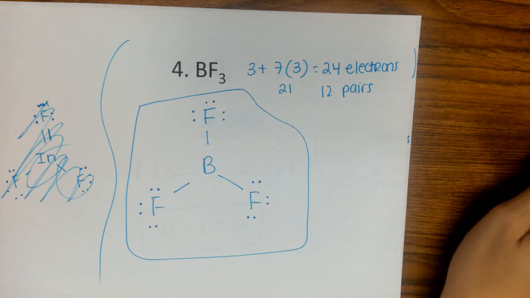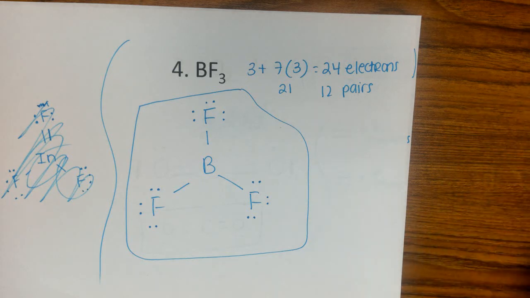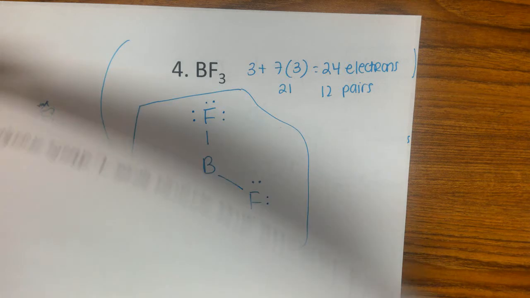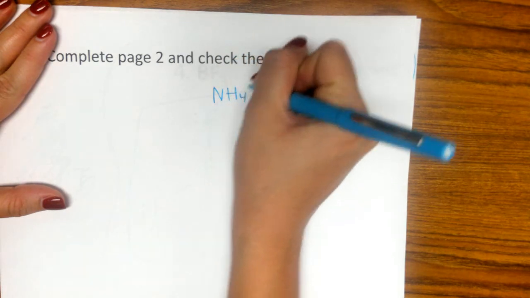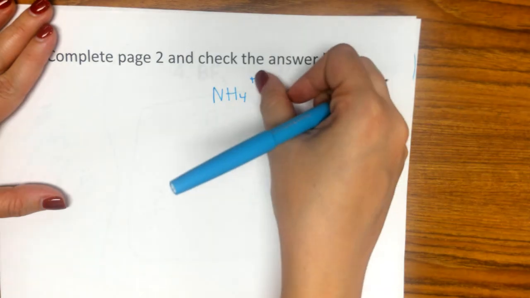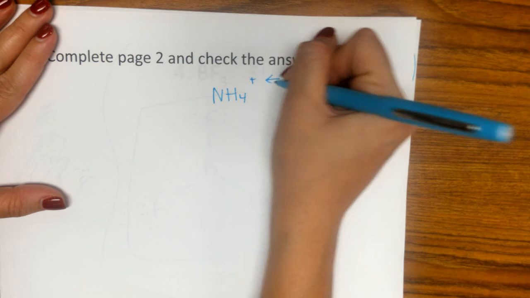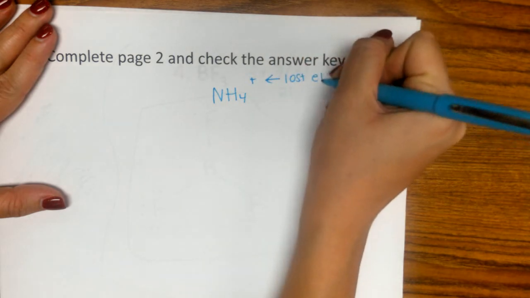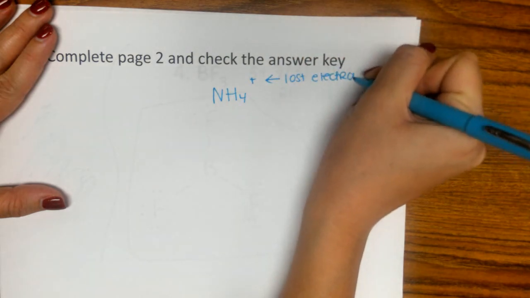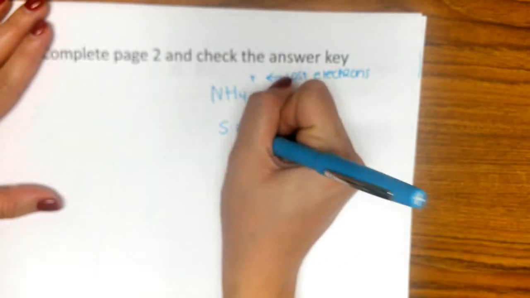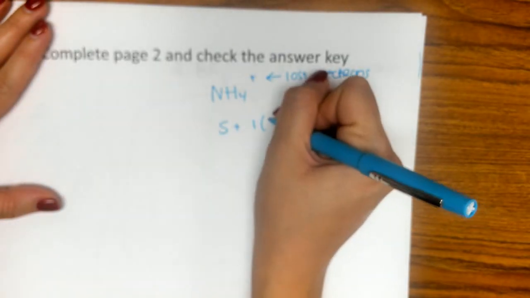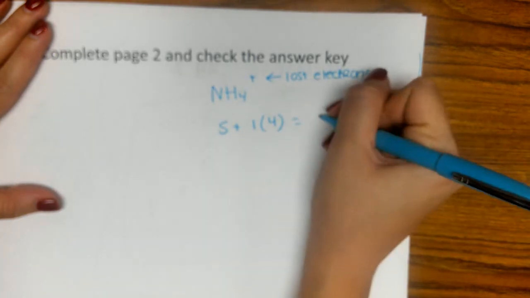You're going to go and work on page 2 in your packet, which is drawing Lewis structures. There are a few things I want you to be aware of. Some of them have charges. I think there's an NH4 plus. If you remember, a positive means that it lost electrons. And so when you count the number of valence electrons in this, nitrogen has 5, hydrogen has 1, times 4, so total that's 9.